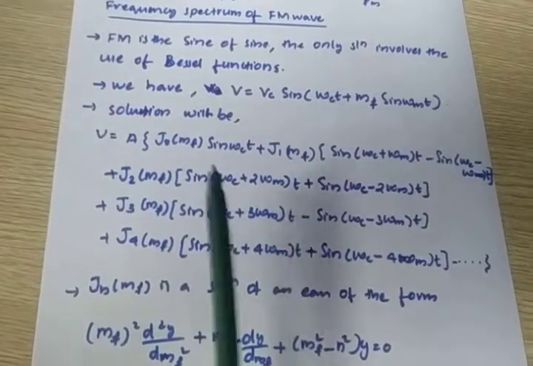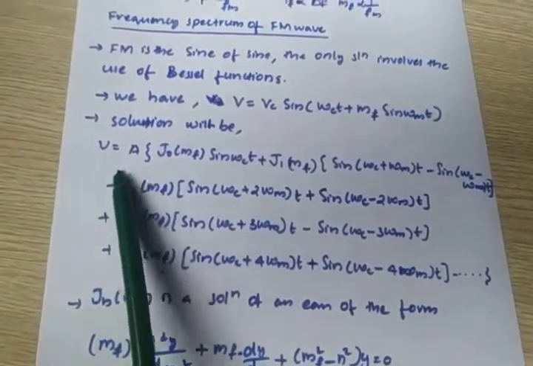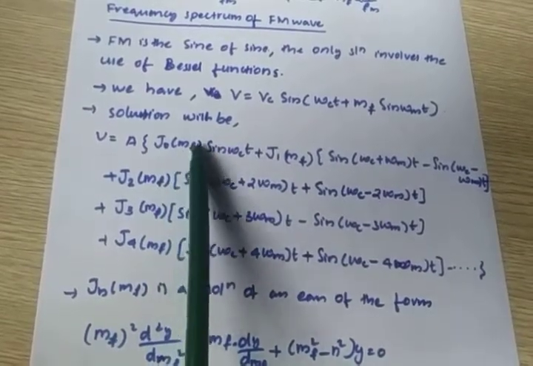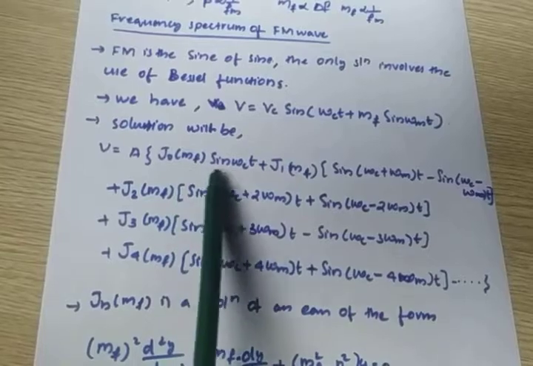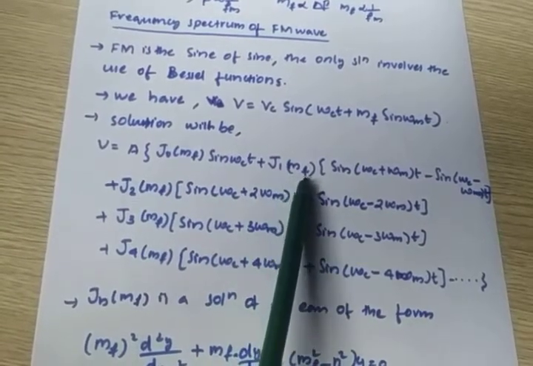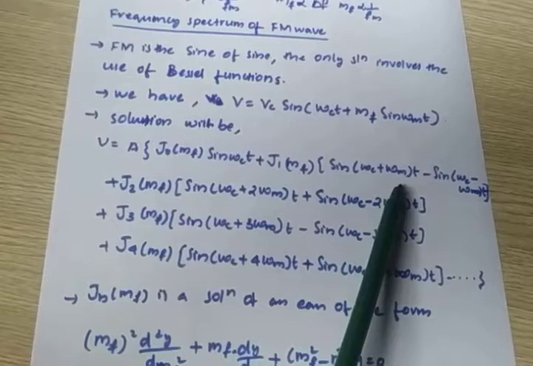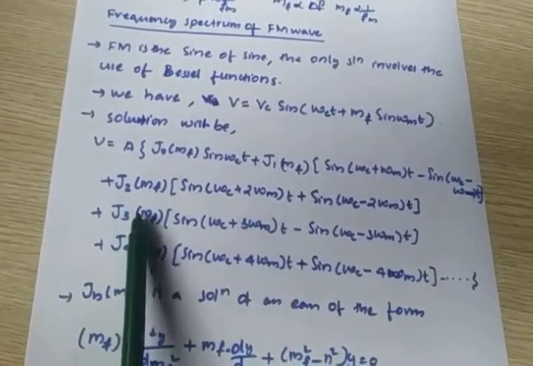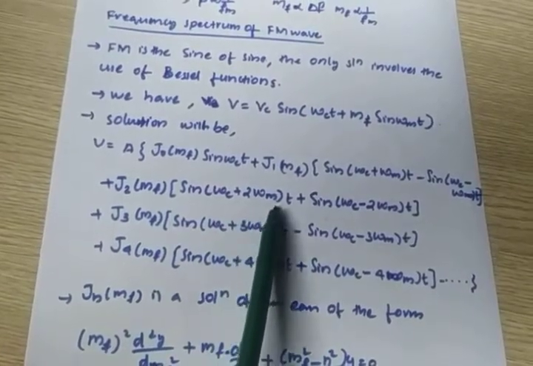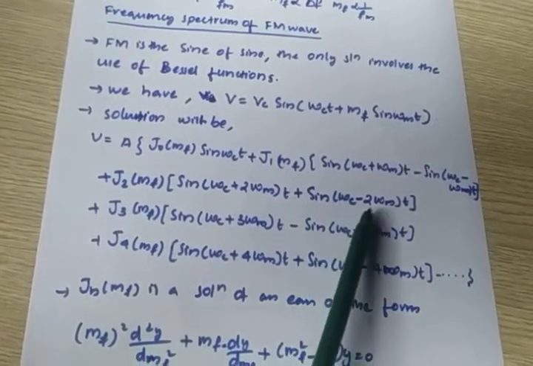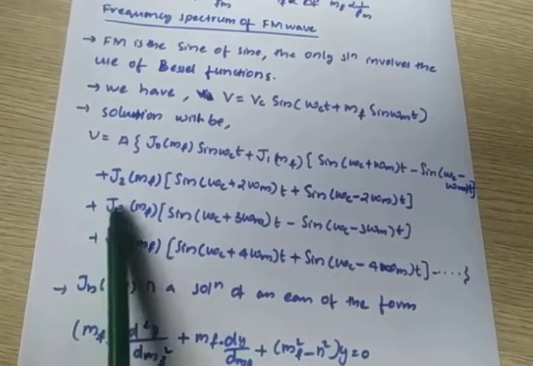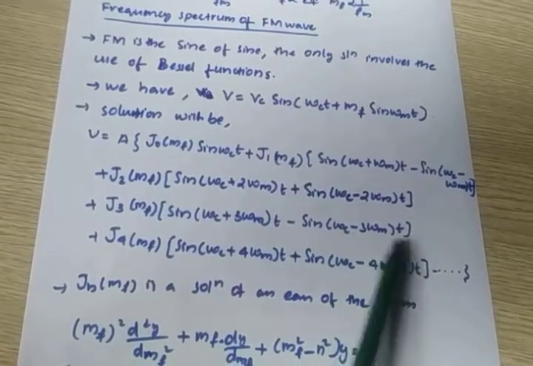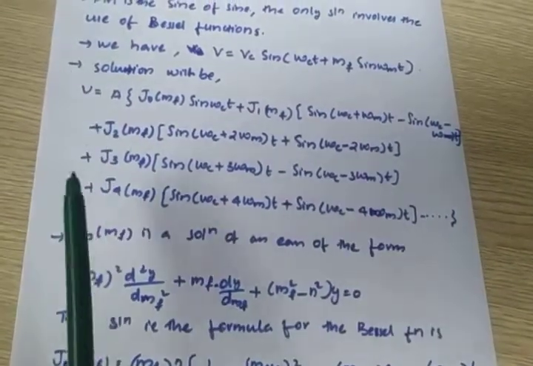This is the Bessel function solution: V equals A times J0 of mf (or beta, you can put either) sin omega ct, plus J1 of mf sin (omega c plus omega m) t minus sin (omega c minus omega m) t, plus J2 of mf sin (omega c plus 2 omega m) t plus sin (omega c minus 2 omega m) t, plus J3 of mf sin (omega c plus 3 omega m) t minus sin (omega c minus 3 omega m) t, and so on.